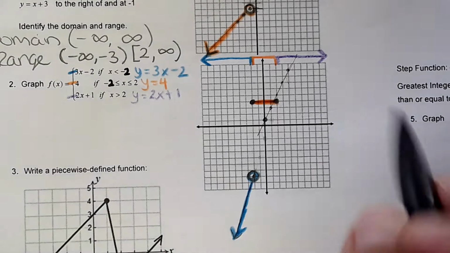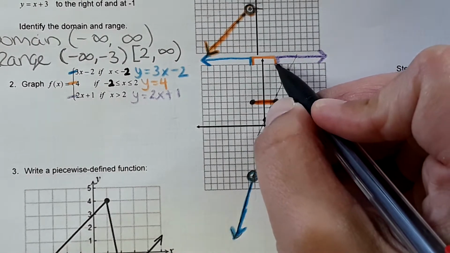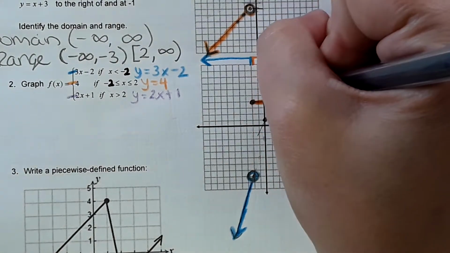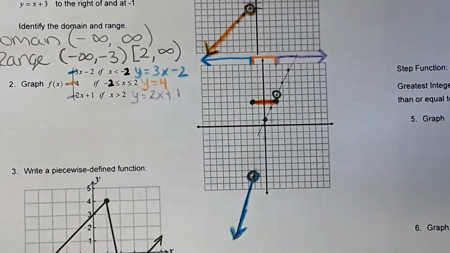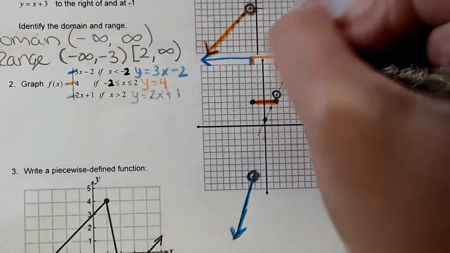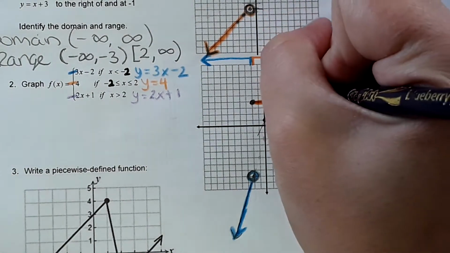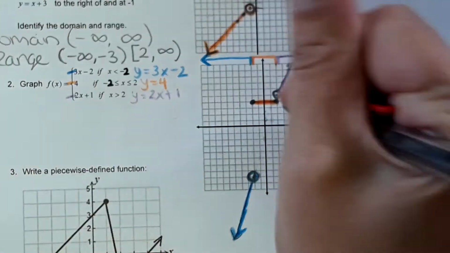Then for the purple, it is x is greater than 2 and it's an open dot. So at x equals 2, do an open dot, and then continue my purple line upwards, and erase everything else.